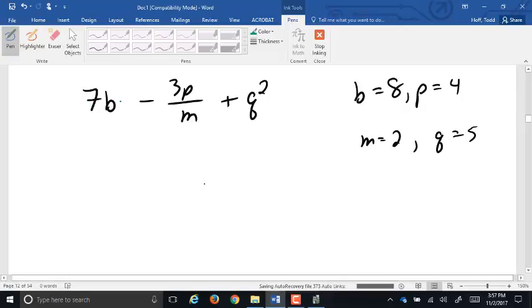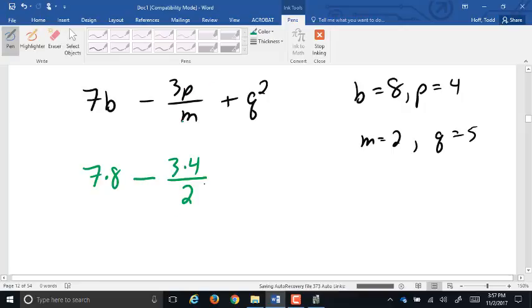Put the numbers in. So 7b becomes 7 times 8. b is 8, so 7b is 7 times 8. Minus 3p over m becomes 3 times 4 over 2. Good.